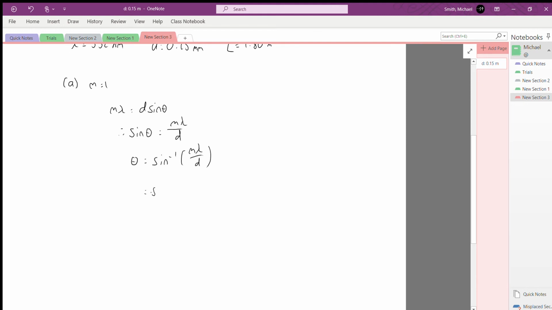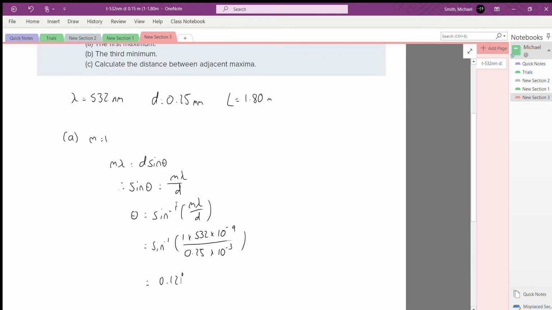So here the inverse sine of m was 1, lambda was 532 nanometers, nano of course being 10 to the minus 9, and d 0.25 millimeters, so I need to put the 10 to the minus 3, and putting that to our calculator gives us 0.12 degrees.